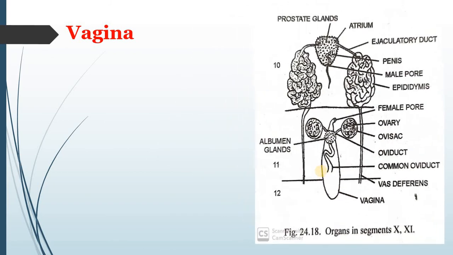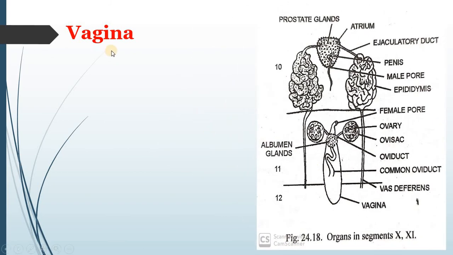Next is the vagina. Vagina is a large pear-shaped muscular bag lying in the posterior part of the 11th segment. This is the 11th segment and in the posterior part lies the pear-shaped vagina. From the picture it is clear.